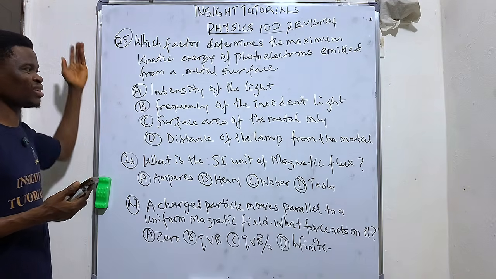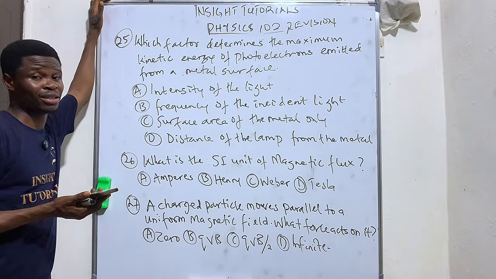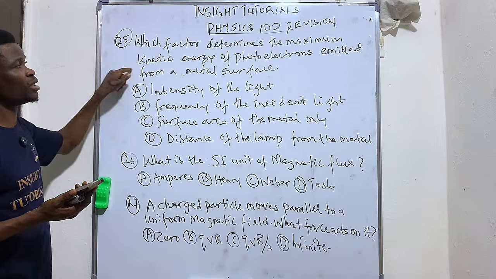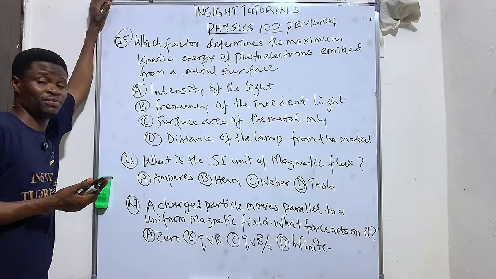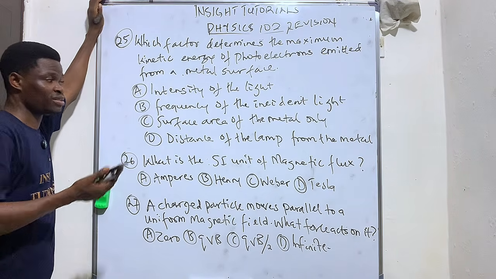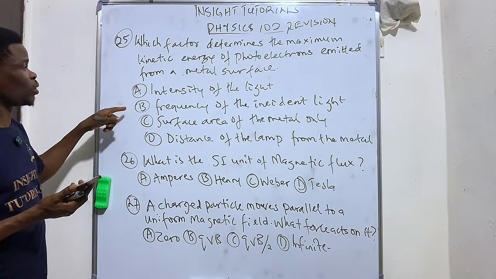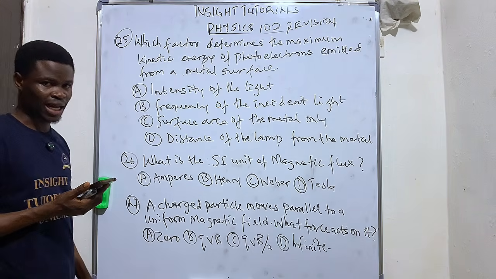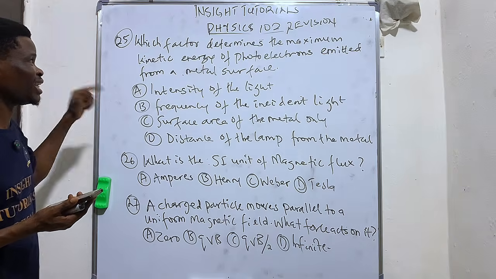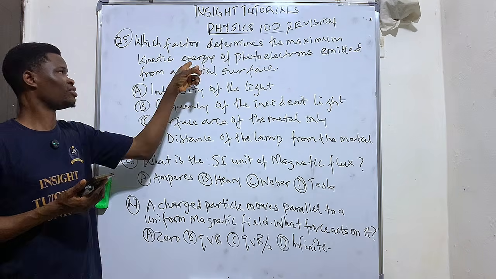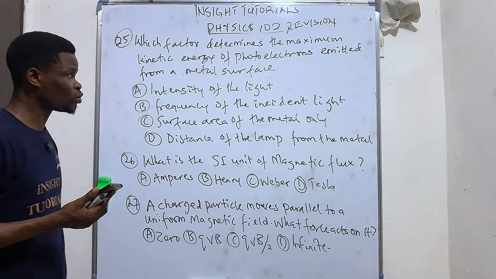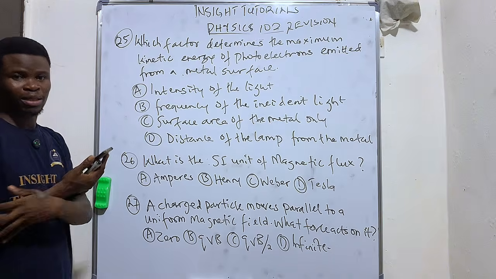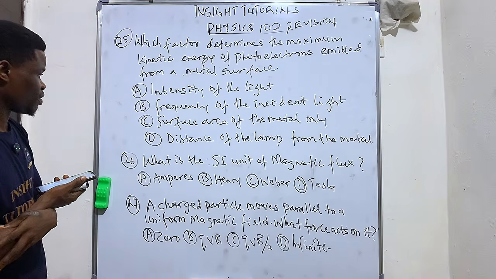The surface area can determine how many photons strike the metal, but it does not determine the kinetic energy of the photoelectron emitted from that metal surface. The distance as well does not. The correct option is the frequency of the incident light. That is what will determine the maximum kinetic energy of photoelectron emitted from a metal surface. You have to take cognizance of that very importantly.